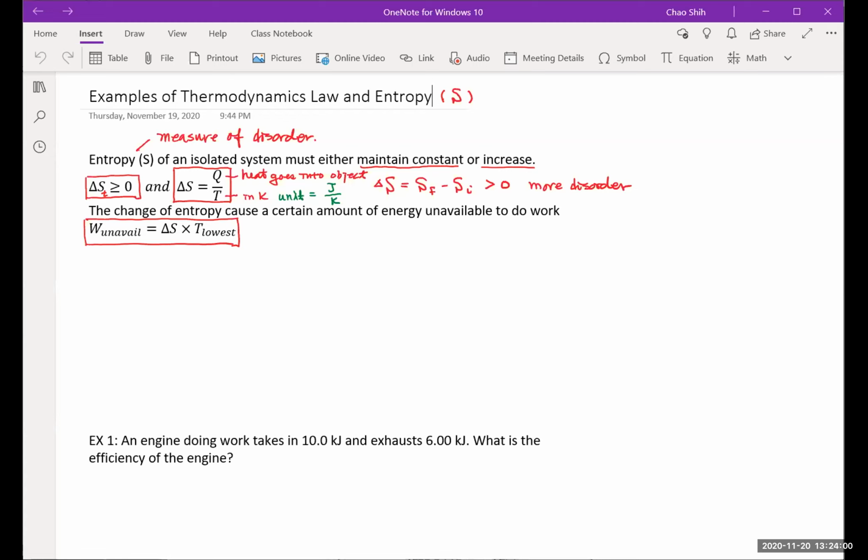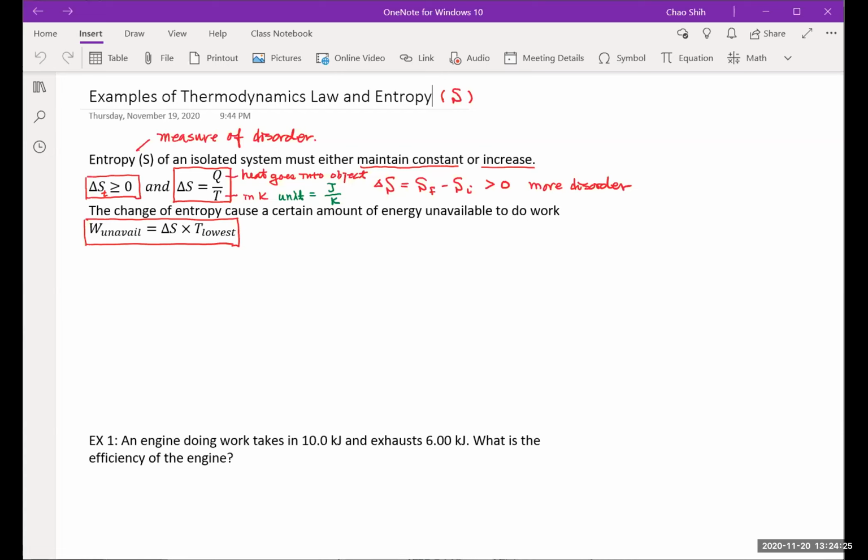Because if you have an interaction between two objects, then they must have two different temperatures. If they have the same temperature, there's no heat transfer because of thermal equilibrium. So you must have two objects at two different temperatures. And we're looking at the lowest temperature in this case.